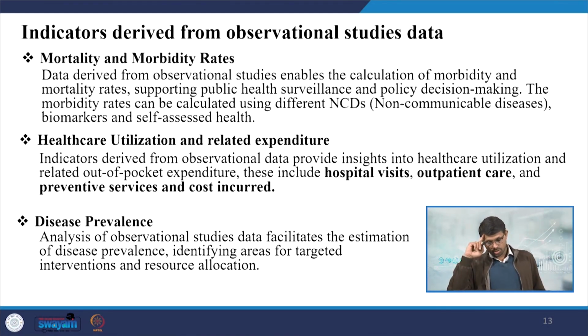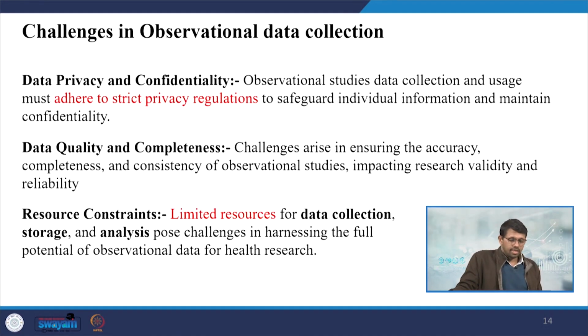It has a focus on different parameters of morbidities and public health surveillance, and how far these help in calculating morbidity and mortality rates. Coming to healthcare utilization and related expenditure, you will get enough information about out-of-pocket expenditure. These include hospital visits, outpatient care, preventive services and cost. Disease prevalence can also be tracked from those observational studies. I think you can follow from the slides.